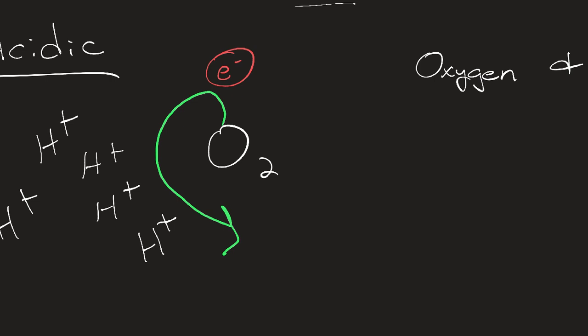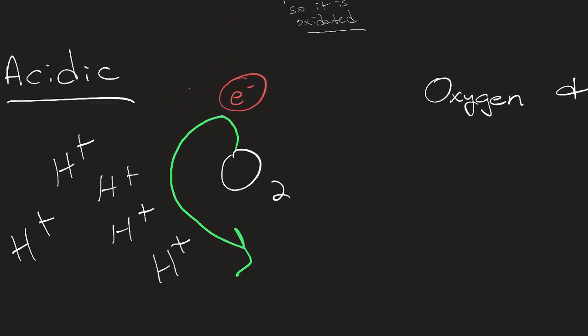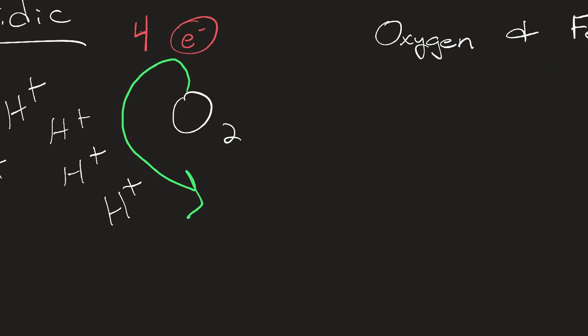Oxygen needs two electrons. Is that correct? Am I talking to myself? So oxygen needs 2 electrons. Each oxygen is going to take 2 electrons. So how many electrons is oxygen gas going to take? 4. So it takes 4 electrons, 2 per oxygen.